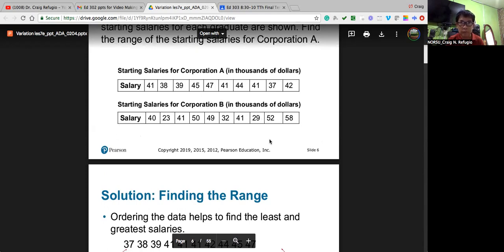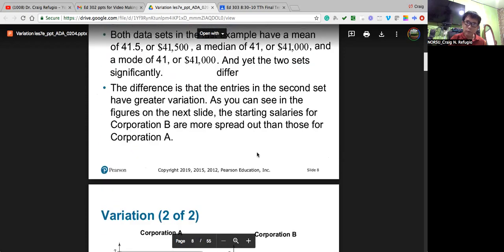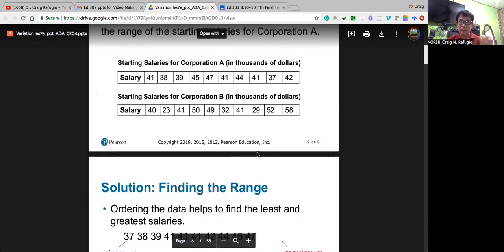Look at only Corporation B. We have the salaries 40, 23, 41, 50, 49, 32, 41, 29, 52, 58. Consider these data as sample data, and calculate the sample mean, the sample standard deviation, and together with the sample variance. That would be assignment number 3.